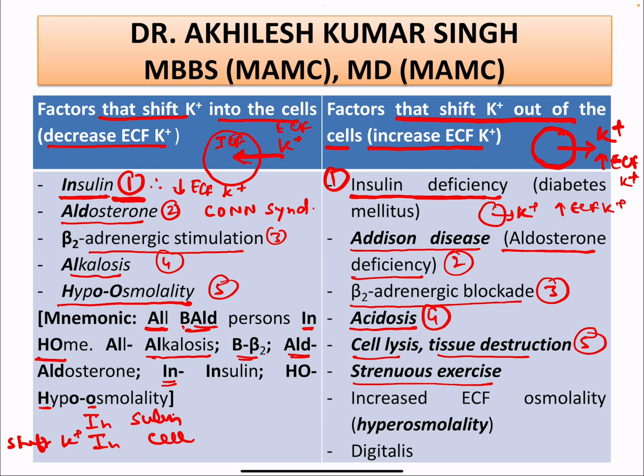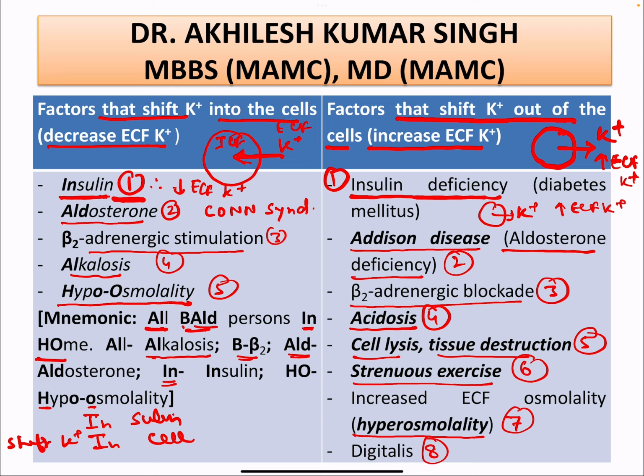Strenuous exercise, then the hyperosmolality. So strenuous exercise is the sixth factor, hyperosmolality the seventh factor, and digitalis. They all will shift the potassium from inside the cell to the outside, and they will increase the ECF potassium.